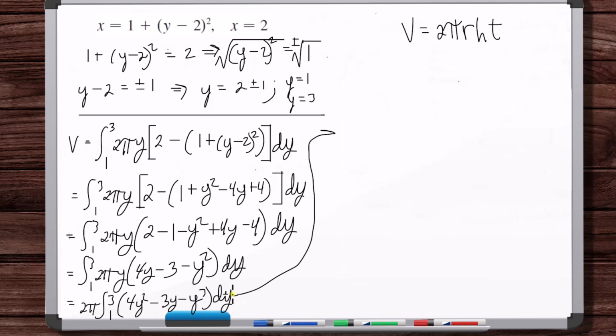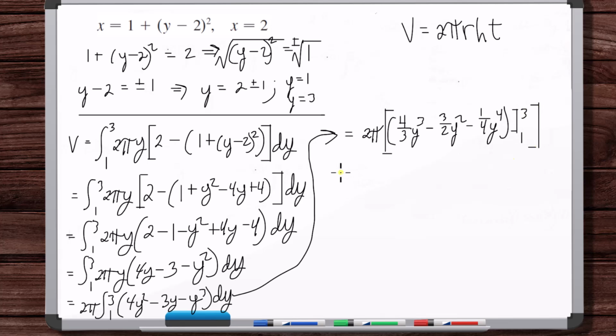So you got 4/3 y cubed minus 3/2 y squared minus 1/4 y to the 4th, evaluated from 1 to 3. Okay, so let's see.